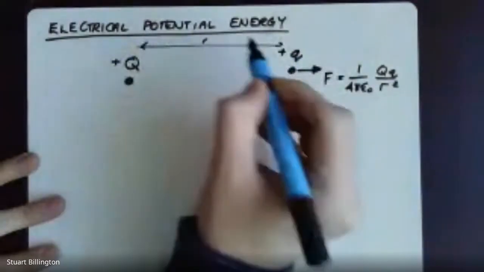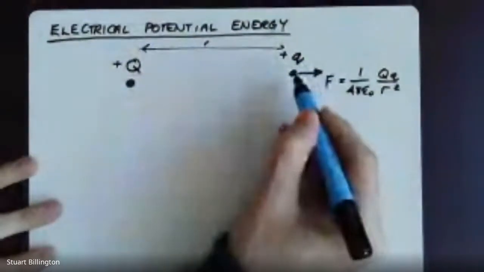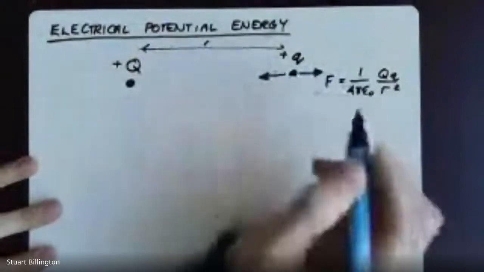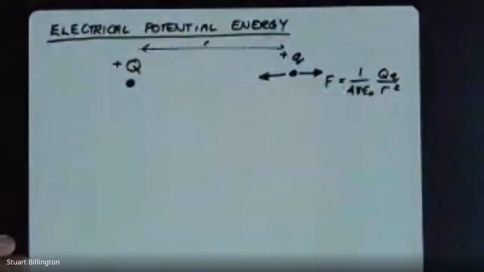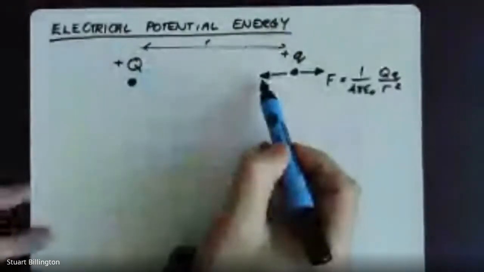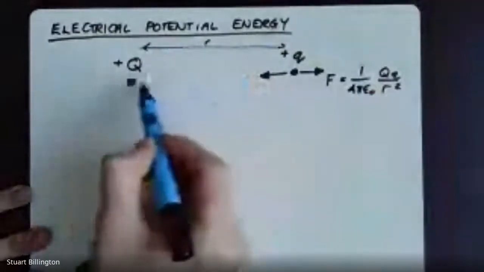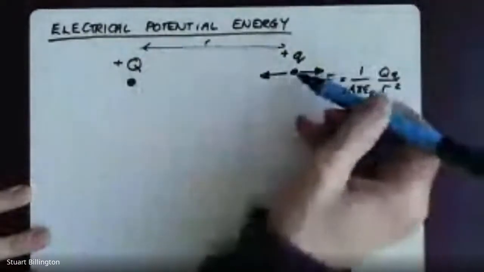Well, if we wanted to get q to this point, we would have had to push on it. And we're going to have to push on it in this direction because its natural tendency is to be repelled away. And this is a radial force from Q, so we're going to have to push directly towards Q.